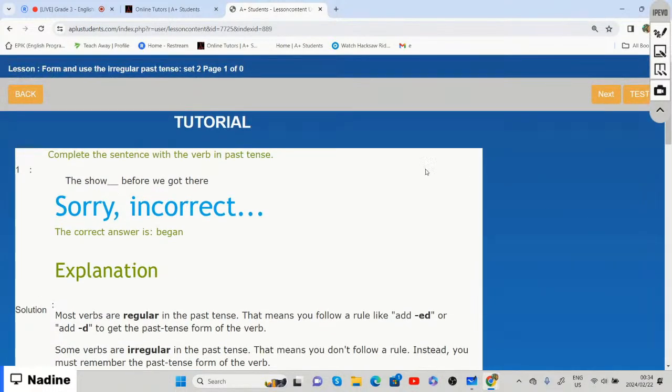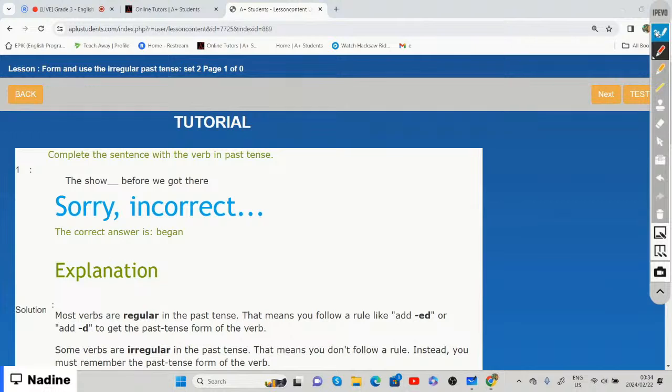All right. Here it says we need to complete the sentence with the verb in the past tense. The show, do we say the show begin before we got there, or the show began before we got there?